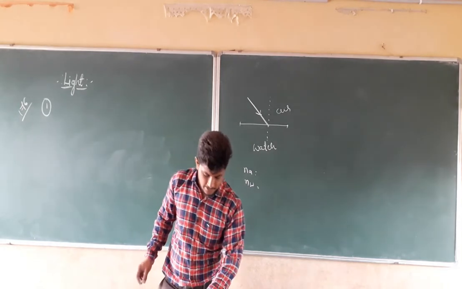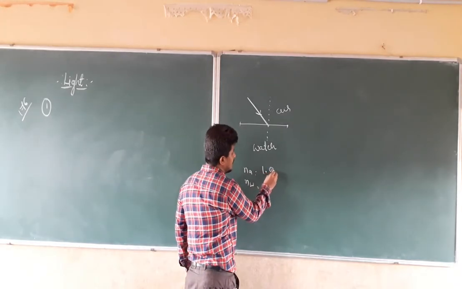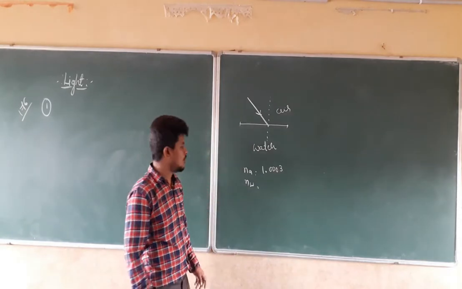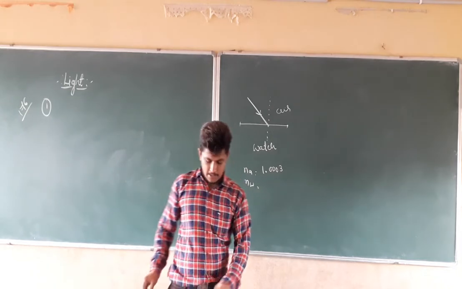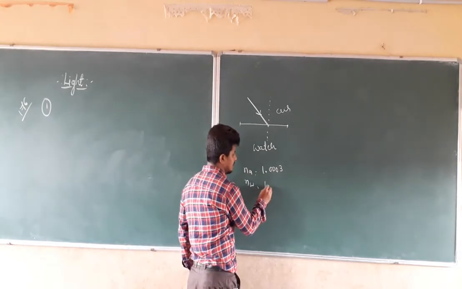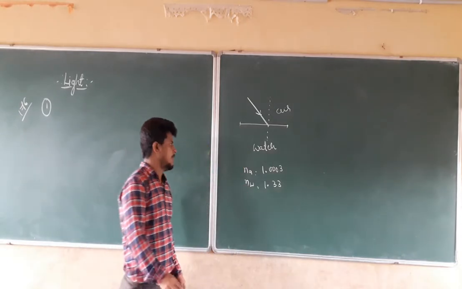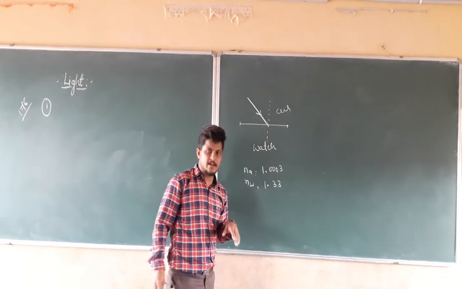When you check the refractive index of the air medium, it is given as 1.0003. In the same manner, when you check the refractive index of water, it is given as 1.33. The refractive index of water is comparatively higher than the refractive index of air.